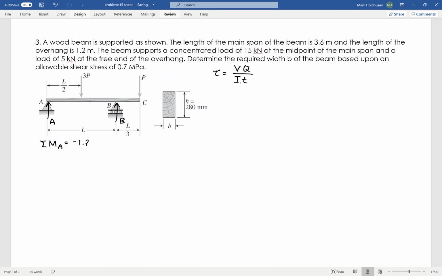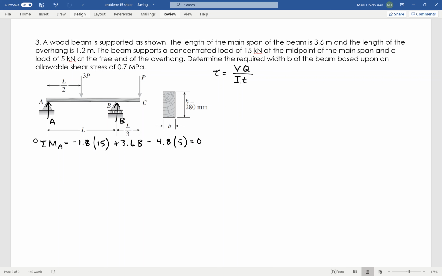So 1.8 times 3P. P is, okay, 5, so that's going to be 15. And then I have B, which is plus 3.6 times B, and then minus, that would be 4.8 times 5 equals 0.